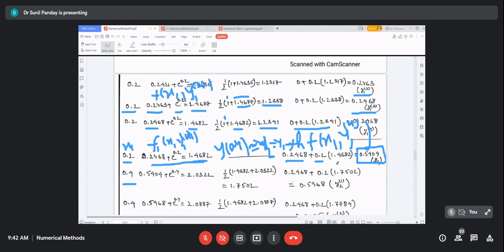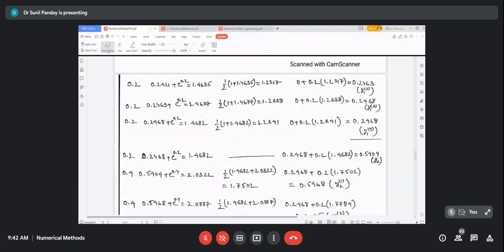Now you have to calculate the first updated value of y2 using your Euler's modified method. For this, I calculate first f of x2 comma y2 using this value, and then I take the mean slope.